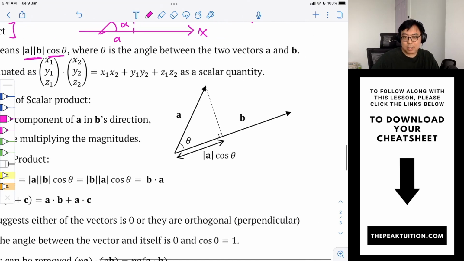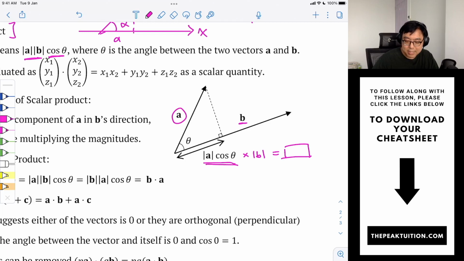So we can visualize it as having A cosine theta. This tells us the magnitude of vector A in B, that is in the same direction as B. Then when we multiply this by the magnitude of B, we are basically multiplying the component of A that is in the same direction as B with B. Then in the end, we get a scalar number.